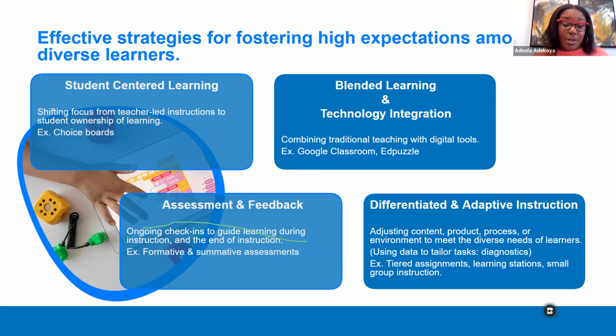Another good strategy for adaptive teaching is assessment and feedback. As a matter of fact, adaptive teaching actually rests on assessments. So having ongoing check-ins to guide our learning during the instruction and also at the end of the instruction.